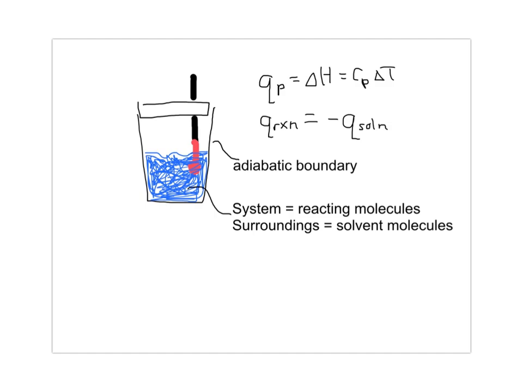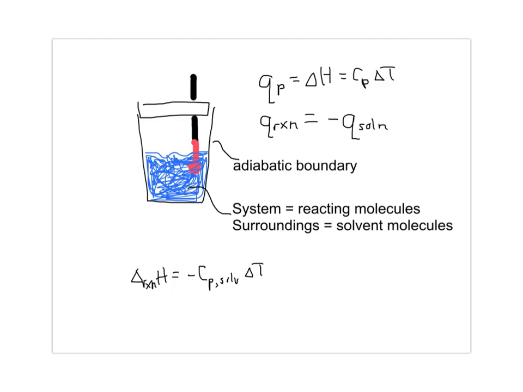So we can write that delta H of reaction is equal to minus the constant pressure heat capacity of the solvent times delta T. Notice that we are measuring the change in temperature. We know the constant pressure heat capacity of the solvent, and that allows us to calculate from experimental data the delta H of reaction.